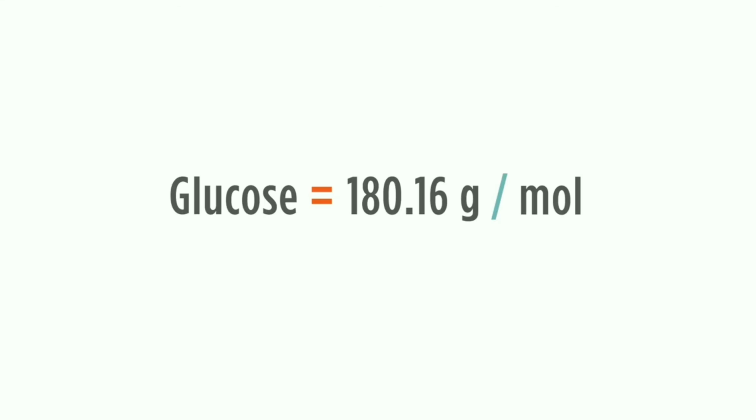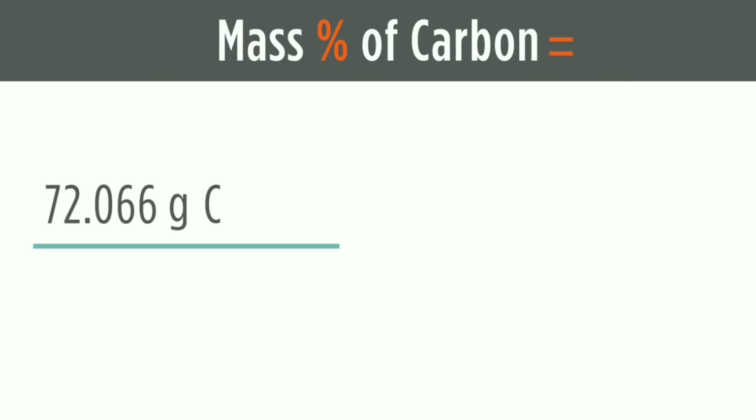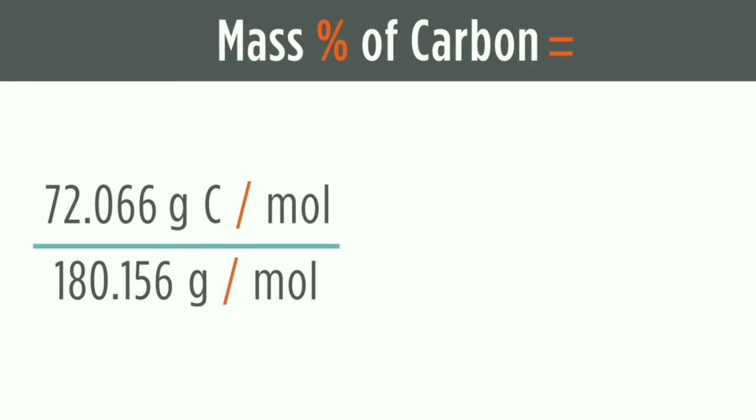To get the percent composition, we have to look at the mass percentage of each of these elements. For carbon, the mass percent is equal to the mass of the carbon in glucose, 72.066 grams of carbon per mole of glucose, divided by 180.156 grams per mole of glucose, times, since we want this as a percentage, 100%.